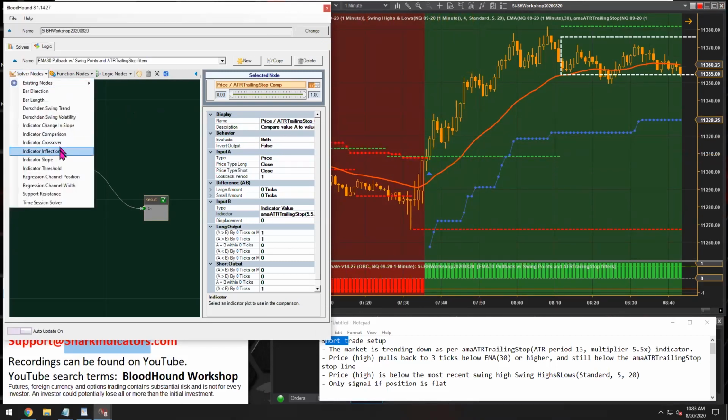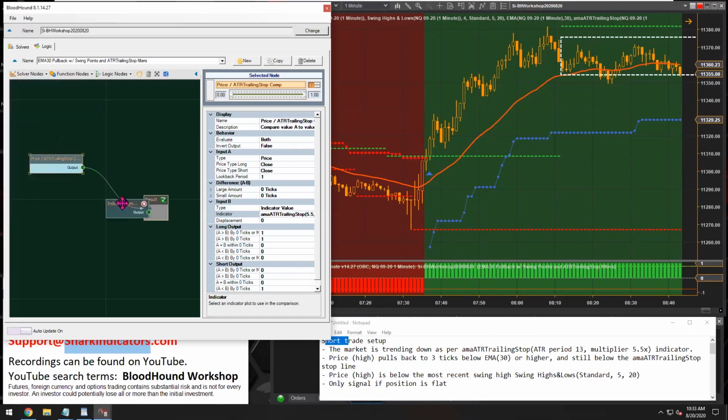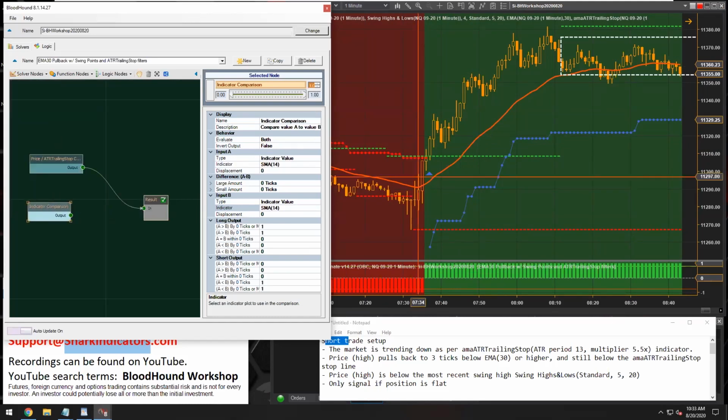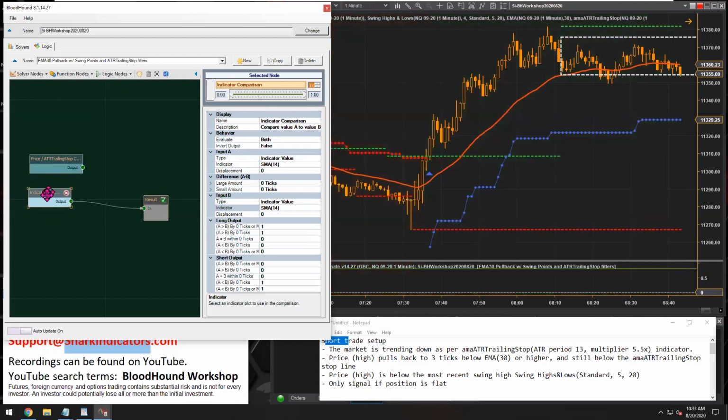That will be another comparison to see if price is above or below our indicator. So let's plug that in. All right, let's give this a name here: price to the swing high or swing low.